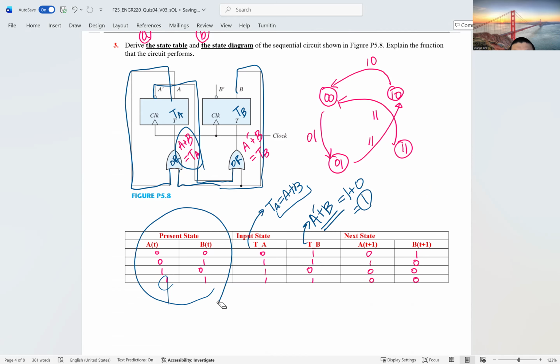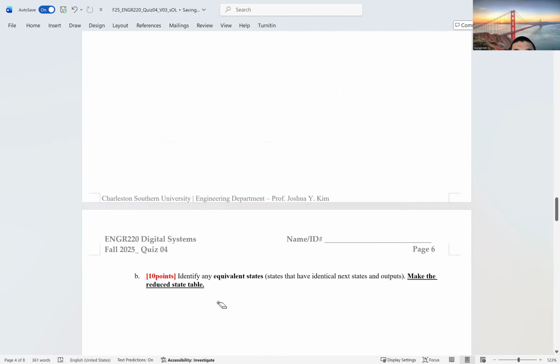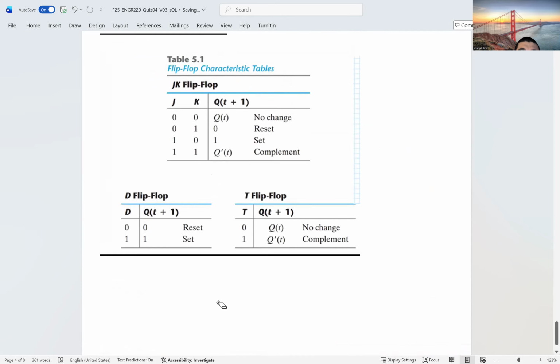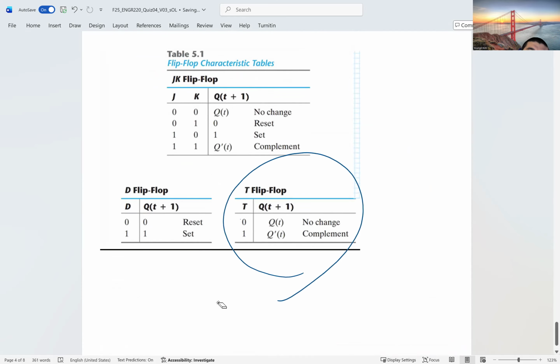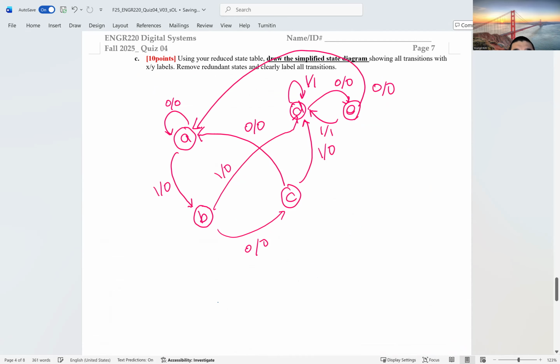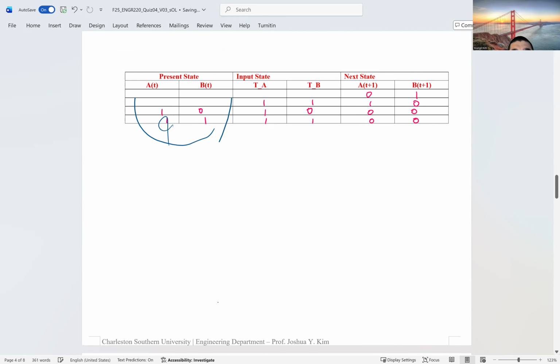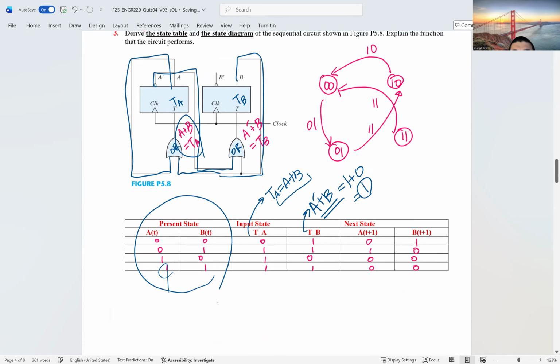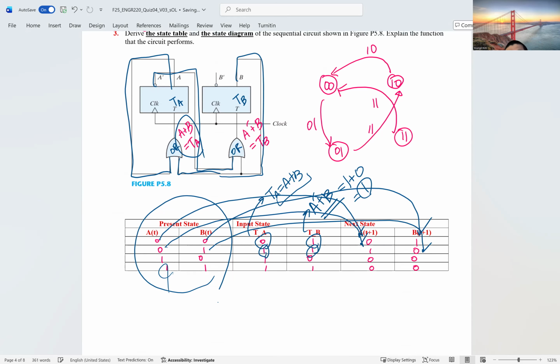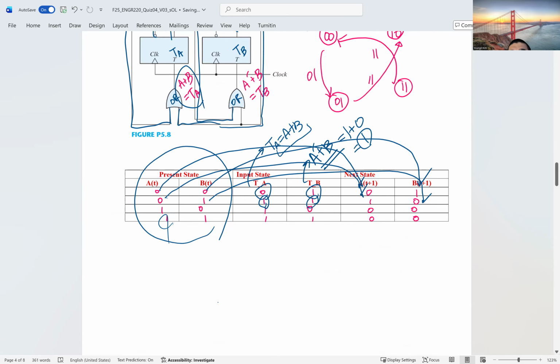Okay, so I strongly recommend you keep in mind here that for the T flip-flop, 0 is no change and 1 is the toggle. 0 is no change. 1 is the toggle: 0 to 1, 1 to 0, and so on. Okay.